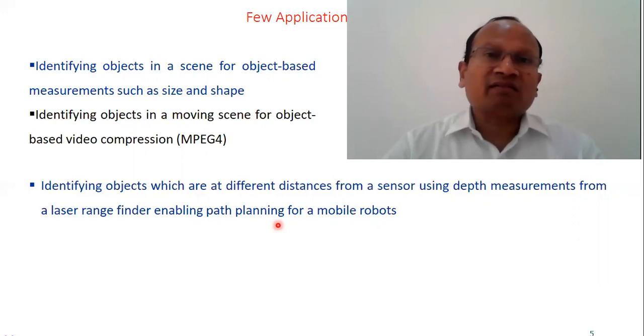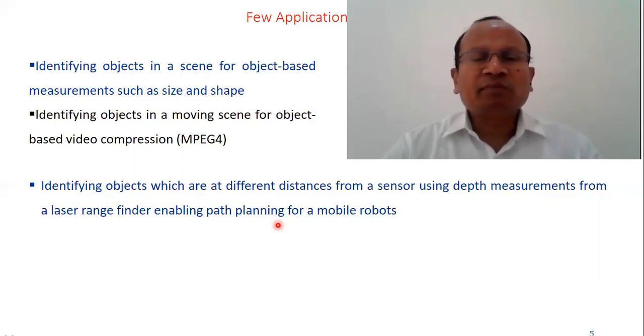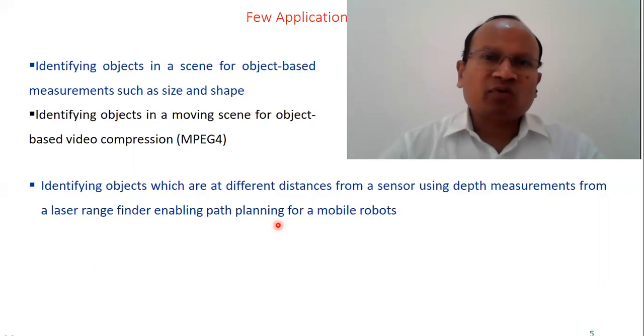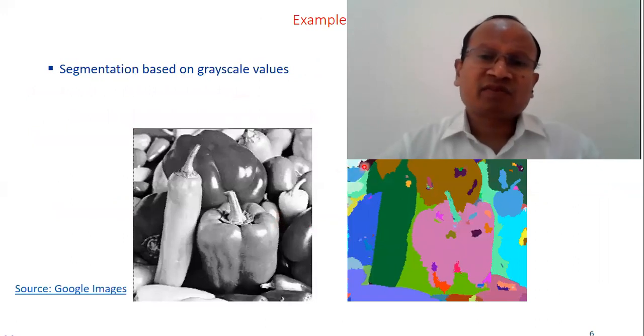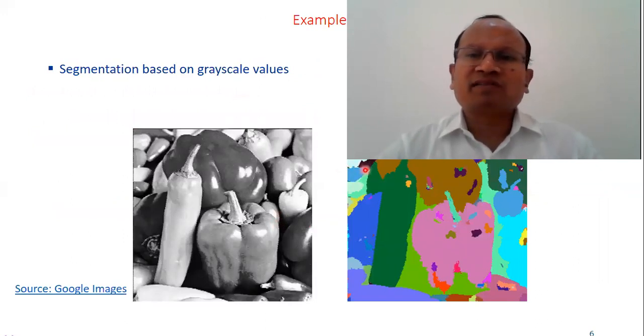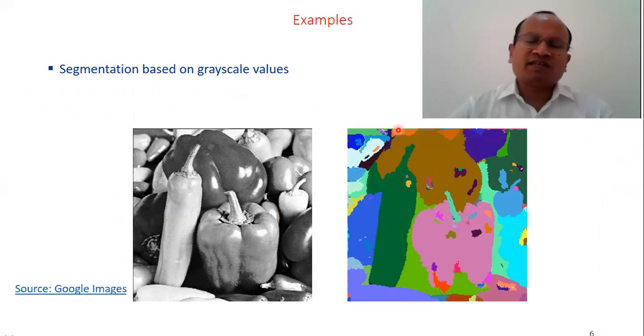So path planning by the robot and navigation kind of application also requires segmentation. There may be numerous applications. As I told you, in modern applications where image processing is involved, segmentation plays a very significant role.